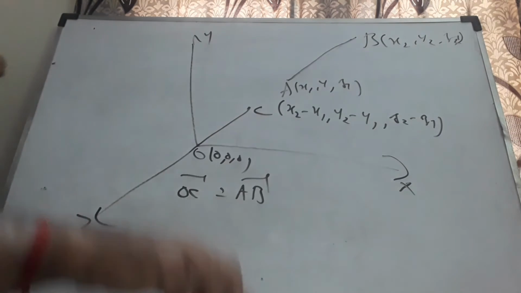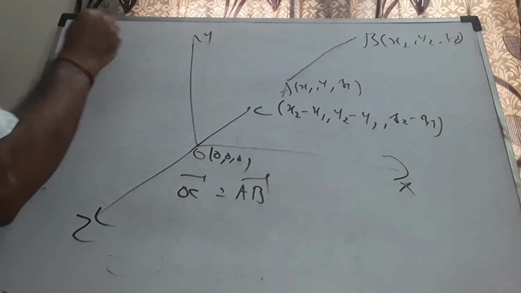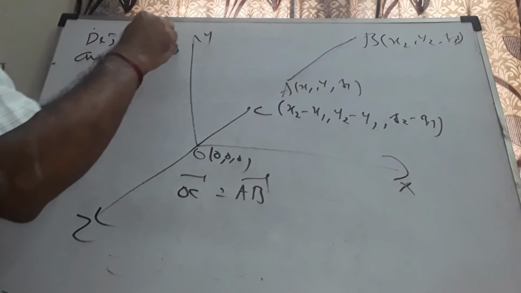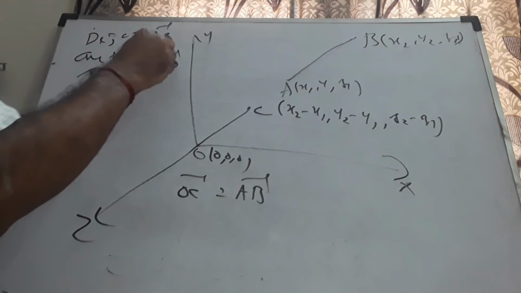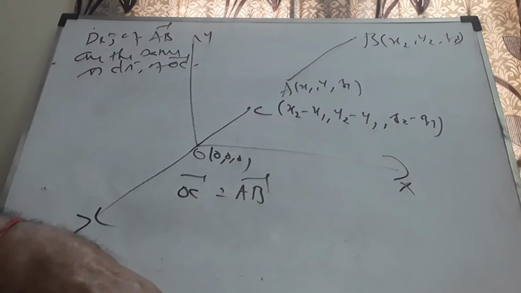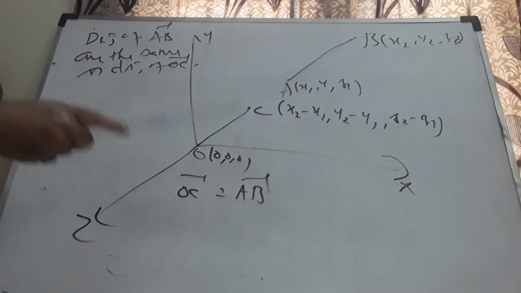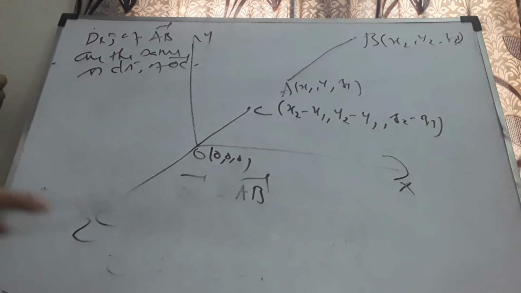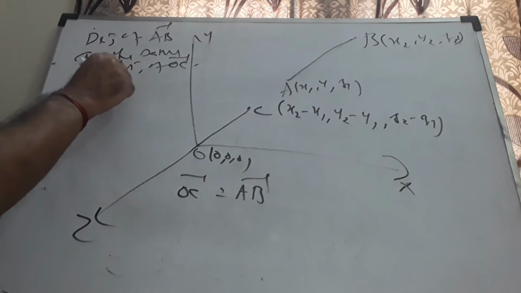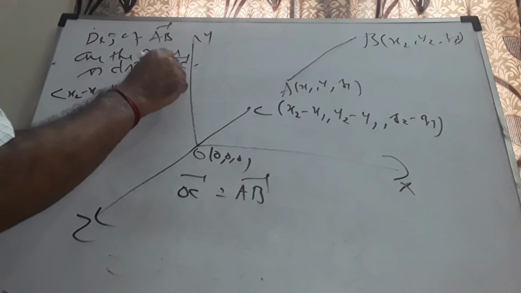Therefore, the drs of AB vector are the same as the drs of OC vector. Because they both are equal, and we have seen in this particular video itself, if point P, x, y, z is given in space, OP vector will have drs the same as the coordinates of P themselves. Therefore, drs of OC vector will automatically be x2 minus x1, y2 minus y1, z2 minus z1.